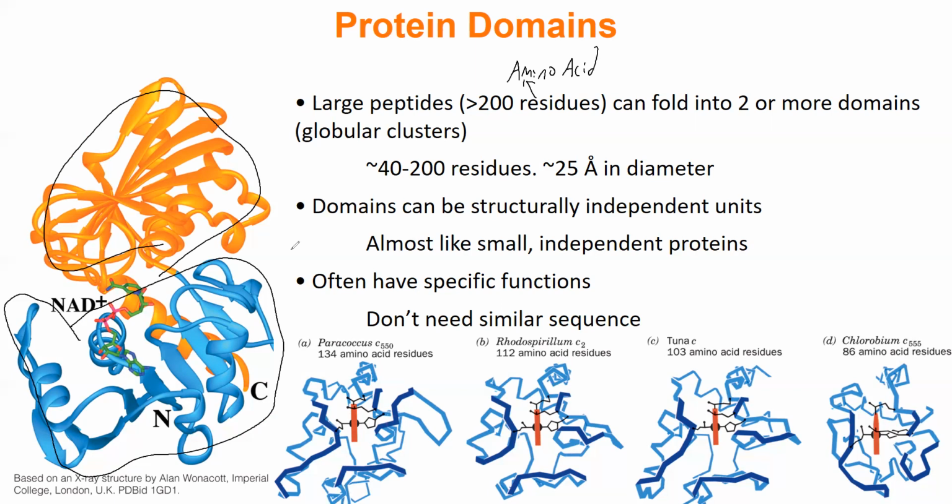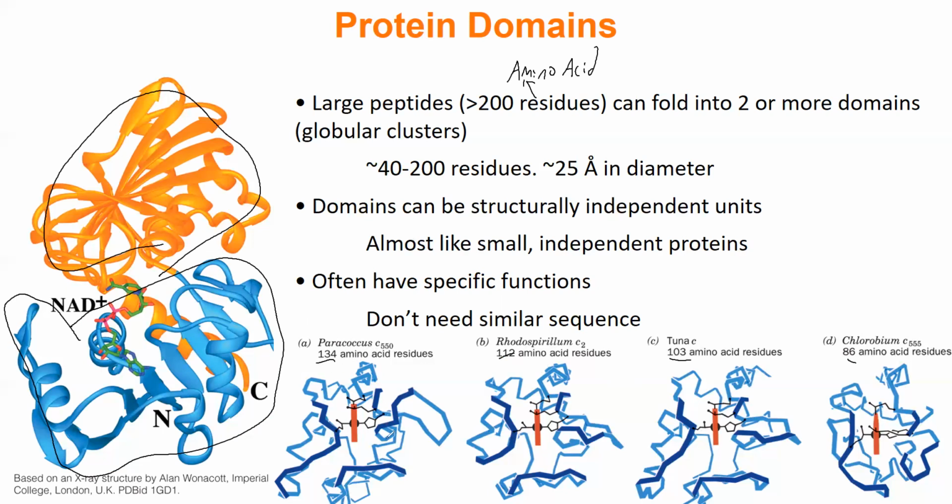And the interesting thing about a domain is that it's more important what you look like than what amino acids you have. For example, I'm showing 4 domains down here. If you look at the amino acid sequence or numbers, you can see they're wildly different between each of these species, all the way from 86 amino acids to 134 amino acids.